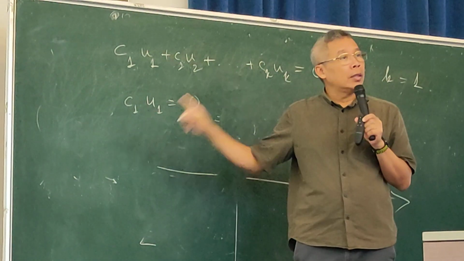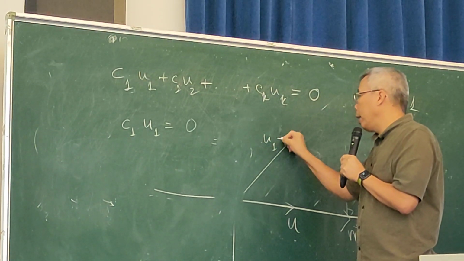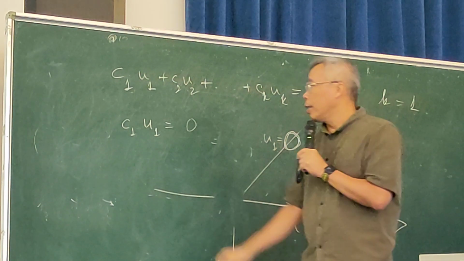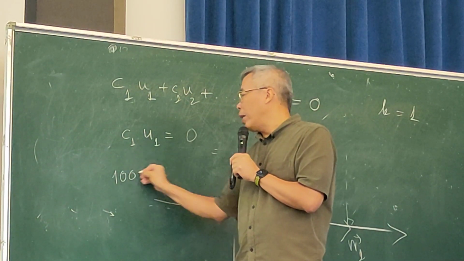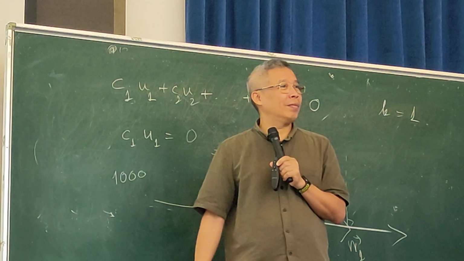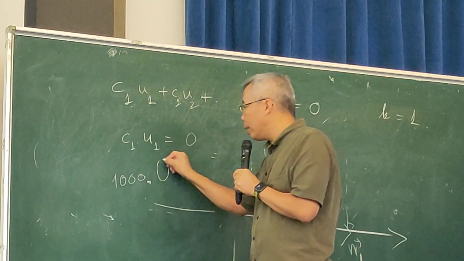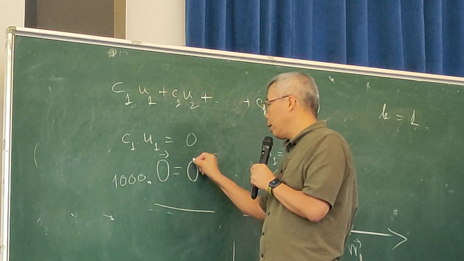In that case, if U1 equals the 0 vector, then you can choose C1 to be, say, 1000. 1000 multiplied by the vector 0 always gives you the vector 0.